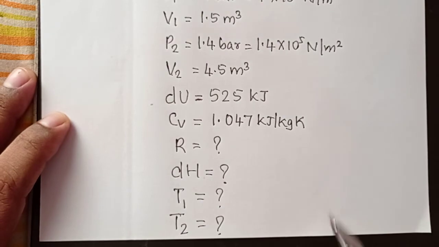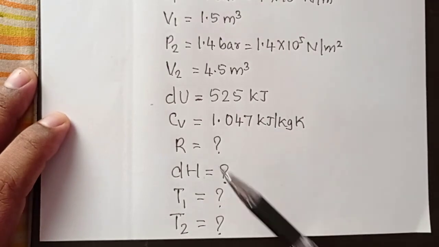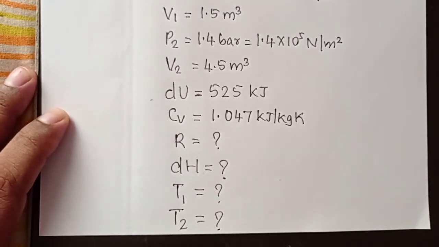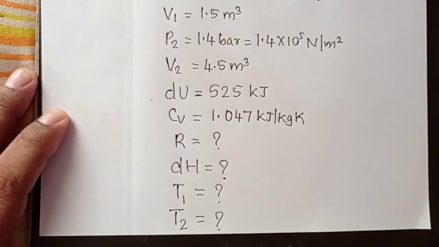So we have to find out the value of R, then the change in enthalpy, and the initial and final temperatures. We will solve this problem first by finding the value of R, and then we will take up solving the problem further.